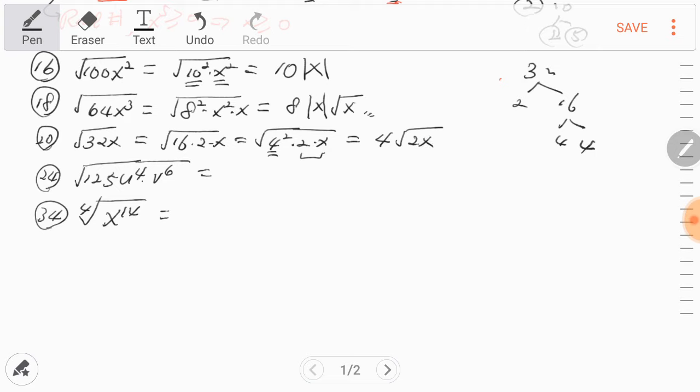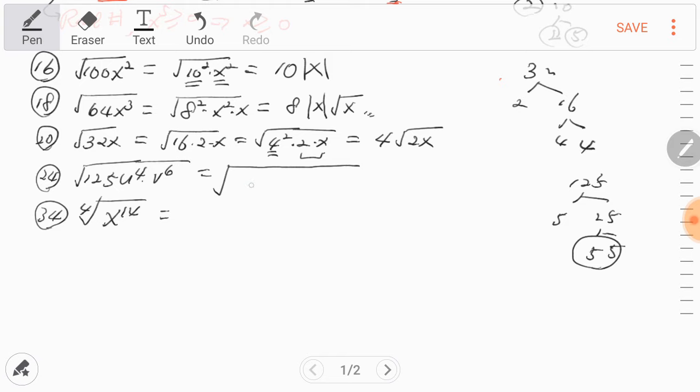Okay, number 24. 125 is what? 5 times 25, and 25 is 5 times 5, so 5 cubed. So let's make 5 cubed, but we will try to make square because this is the square root, the index is 2. So let's make the radicand a product of squares.